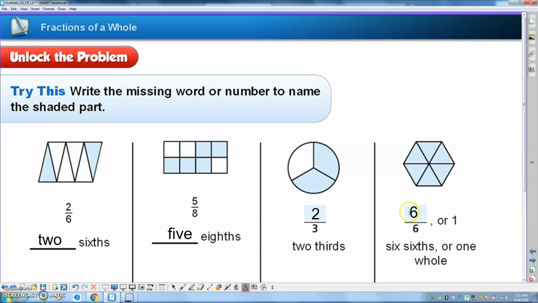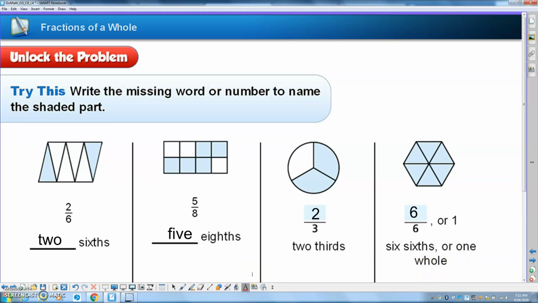So I would have 6/6. And we know that if we have the numerator and denominator as the same number, and all the pieces in our whole are shaded, then we have one whole. So 6/6, or one whole. Written out, that would be 6/6, or we could write it as one whole.